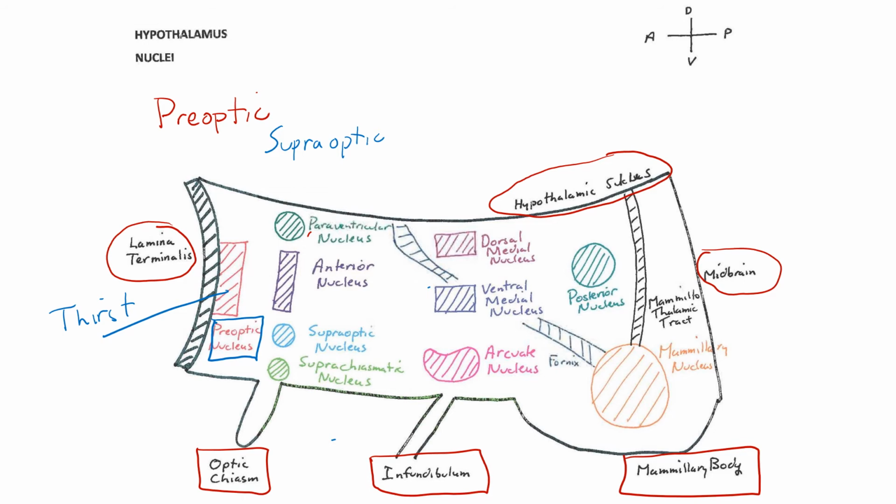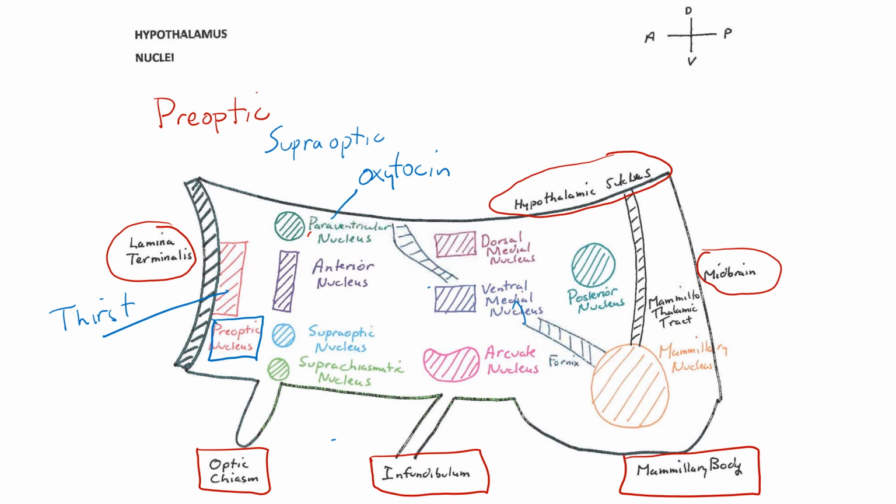The first of these is going to be the paraventricular nucleus. This nucleus is named because of the fact that it's right up against the third ventricle. This nucleus is associated with oxytocin. And oxytocin is a hormone that is going to cause the muscle of the uterus to contract during childbirth.